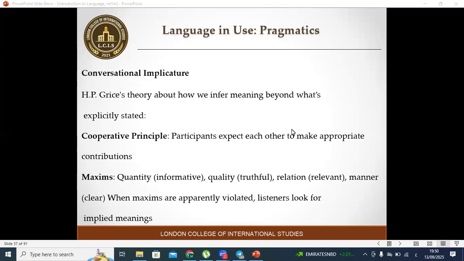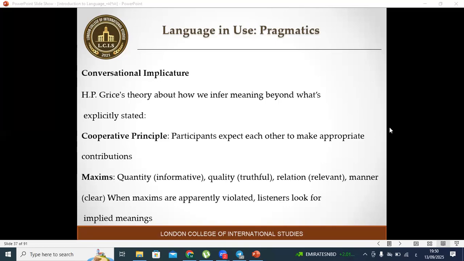Conversational implicature, H.P. Grice's theory about how we infer meaning beyond what's explicitly stated. The cooperative principle: participants expect each other to make appropriate contributions.